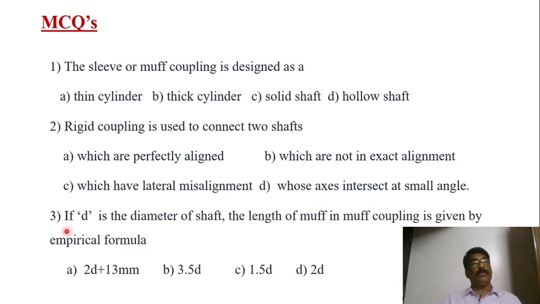Now coming to the third question. If D is the diameter of the shaft, the length of the muff in a muff coupling is given by the empirical formula L is equal to 3.5 D. The length of the muff is equal to 3.5 into D, where D is the diameter of the shaft.